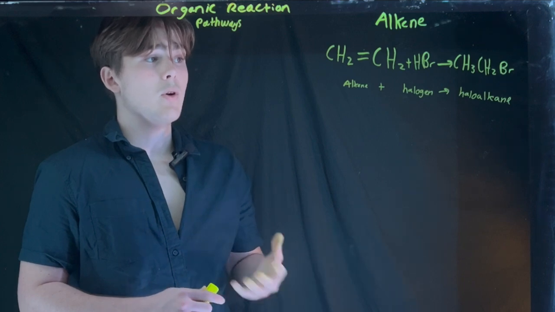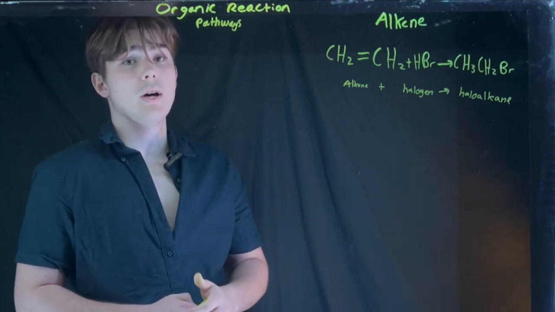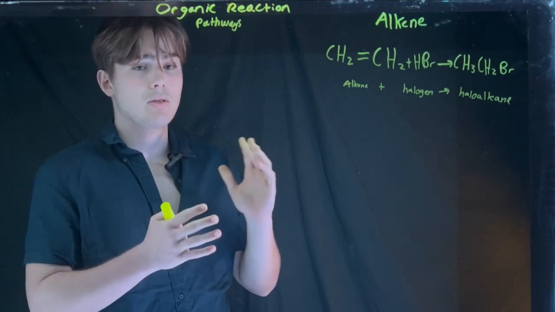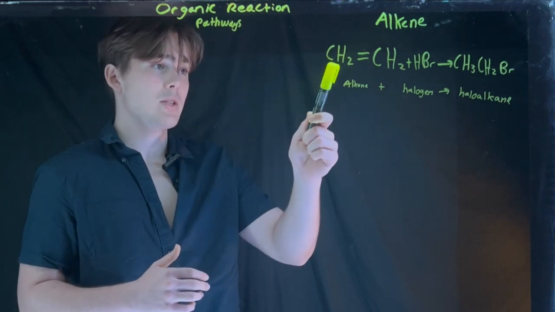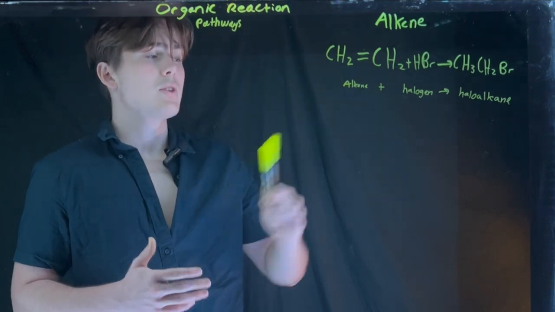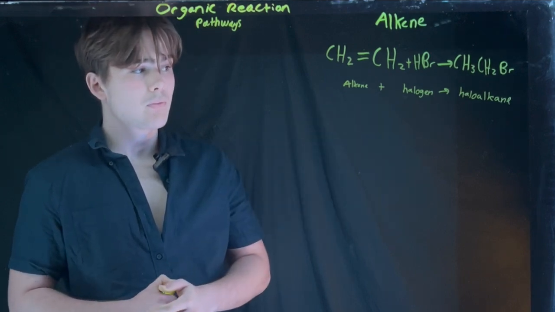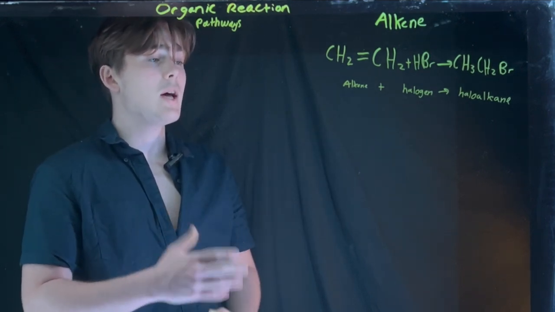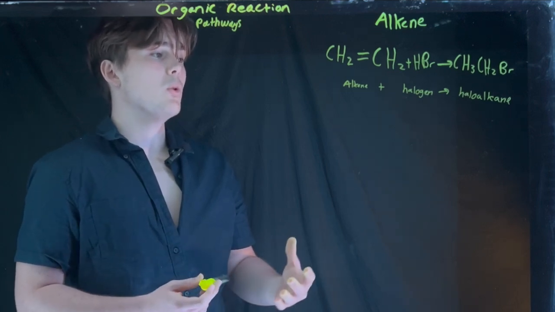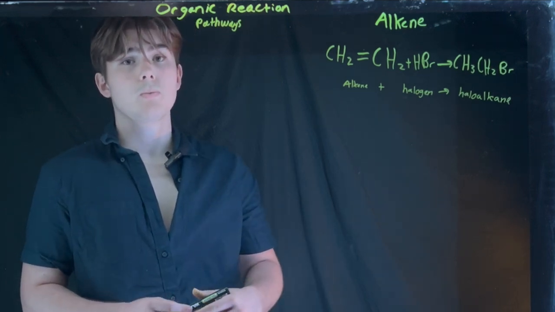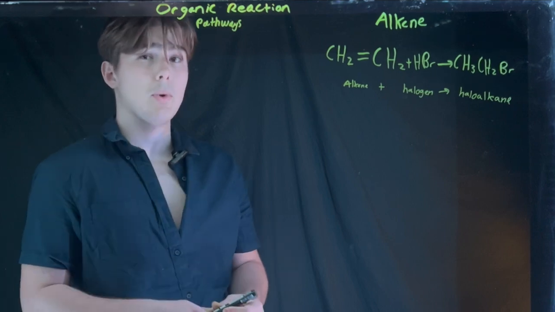You won't be asked to tell which side attaches to which. But in other examples, you might be asked to predict that, and that's using a rule called Markovnikov's rule. We're going to talk about that a little bit now as well.